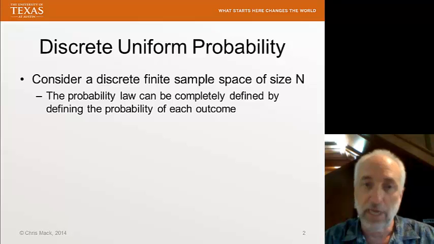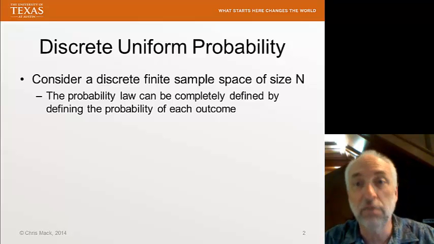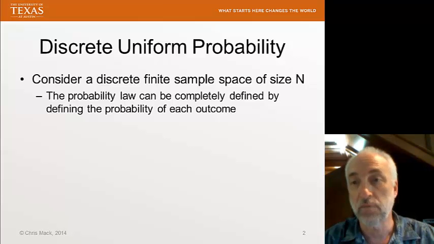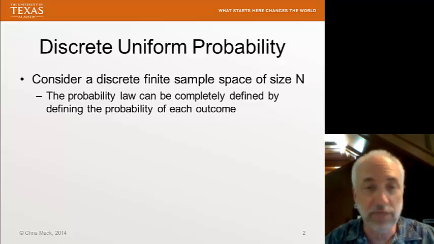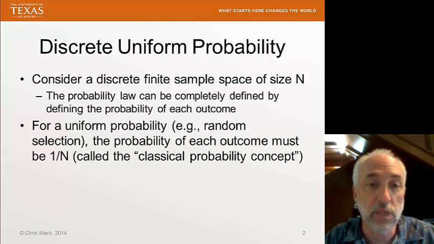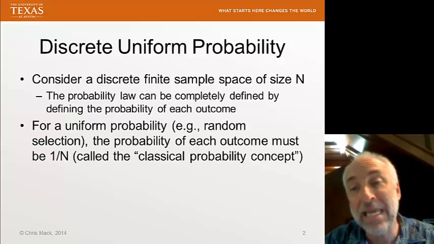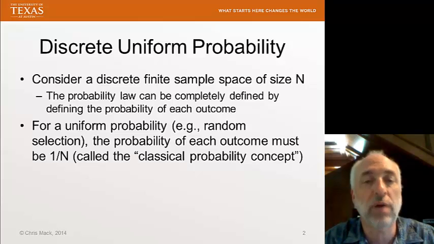Well, we can generalize this case to the case of a discrete finite sample space of size n. Then, if I can define the probability of every outcome, I can define the probability law for everything, right? But many real and important problems have random uniform probability laws.